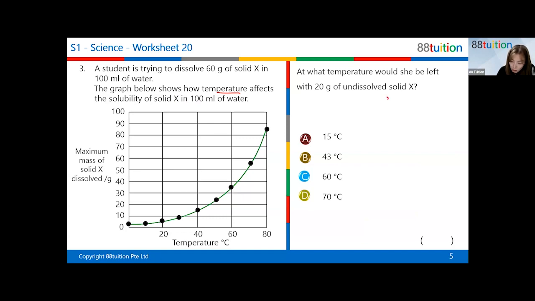So at the start, there was 60 grams of the solid, okay? Then at the end, left with 20 grams. All right, so how much has dissolved? 40 grams, isn't it? Yeah, 40 grams actually dissolved. So are you able to find the answer now?